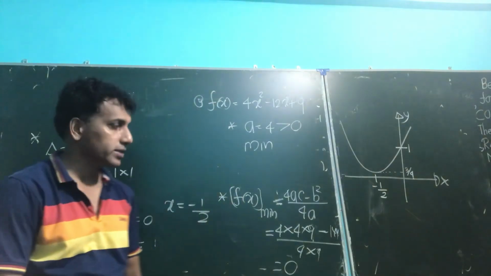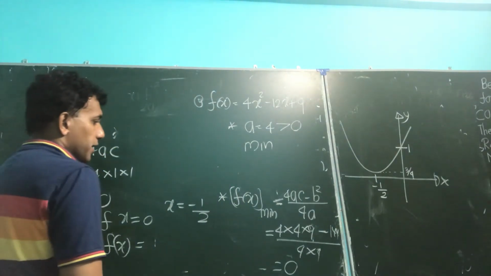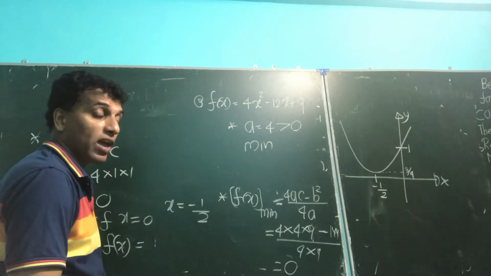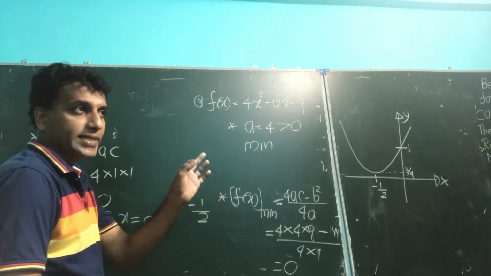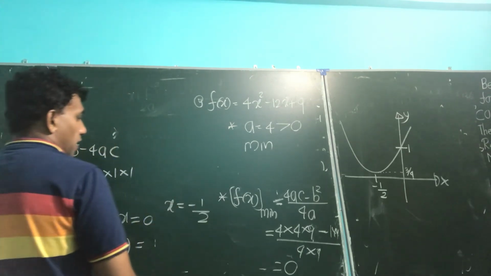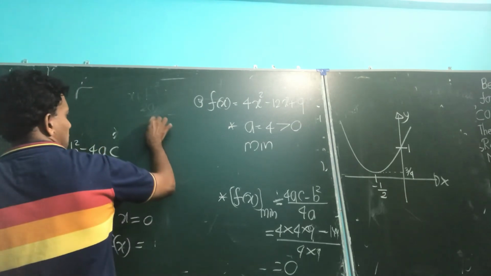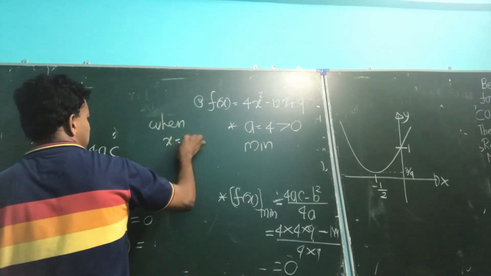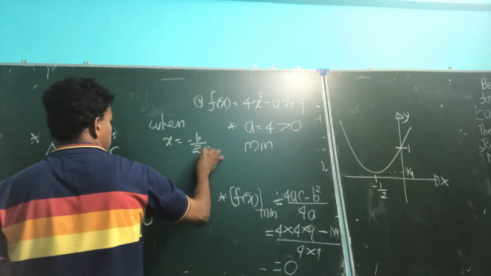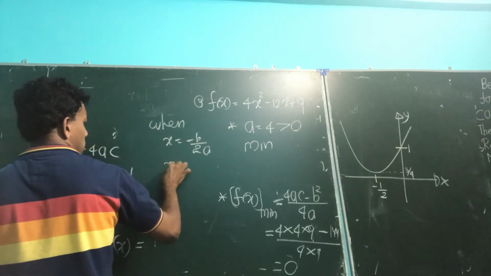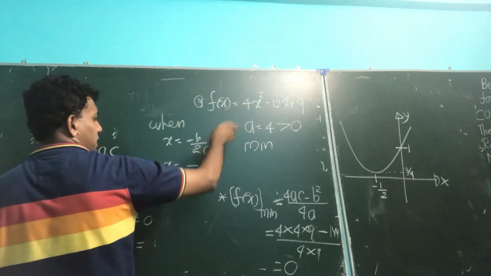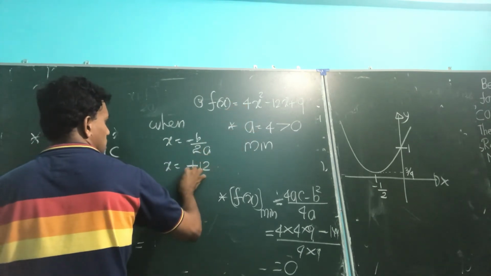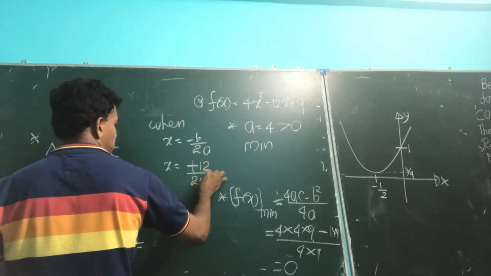The graph touches the x-axis. Next, find the x-coordinate. Where does it touch? When does it happen? Next point. x equals minus b over 2a. What is that? x equals minus b, minus minus 12, plus 12, over 2 times a, 4, isn't it?